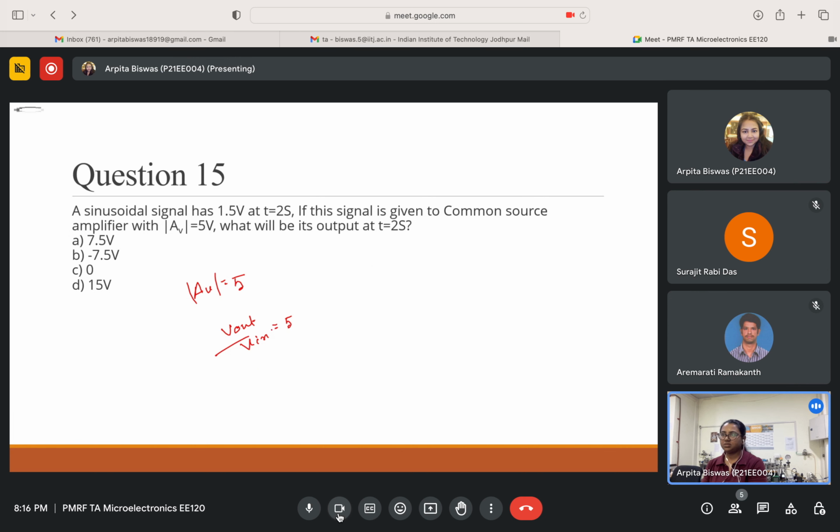And here the value at t equal to 2 seconds is given which is 1.5. So the value of V output is 5 into V input 1.5, so 7.5. But here the magnitude value of AV is given, and there is a 180-degree phase shift, so V output here is minus 7.5 volt. So the right option is option B.